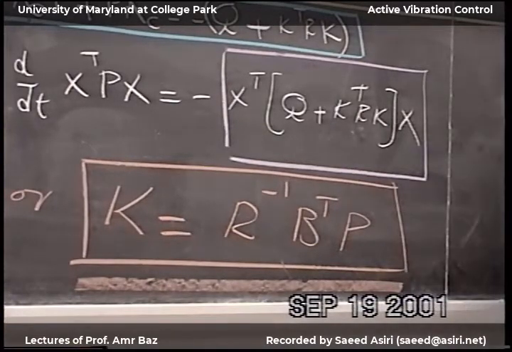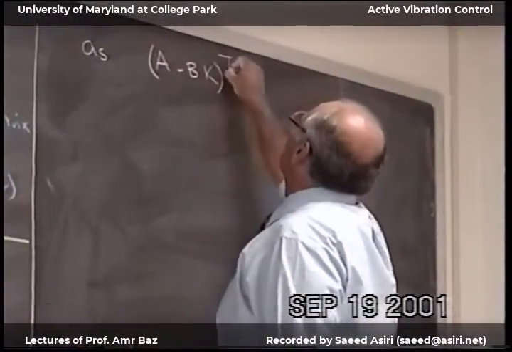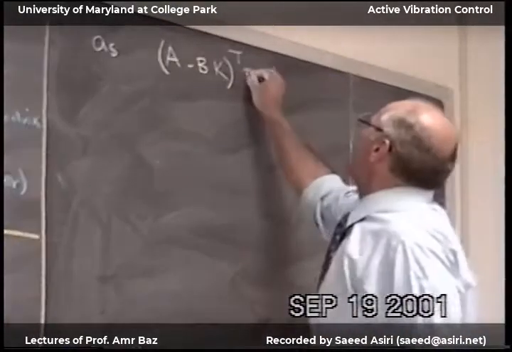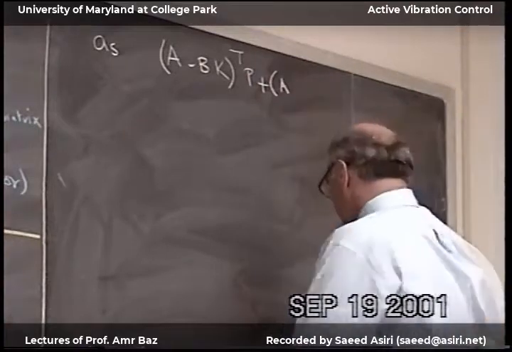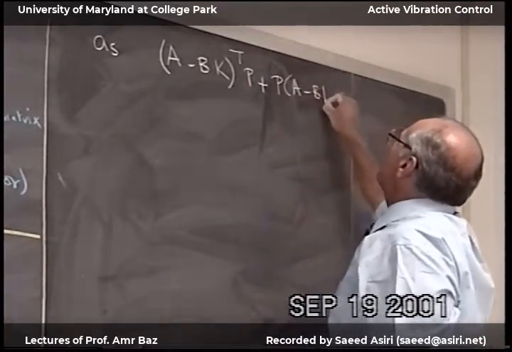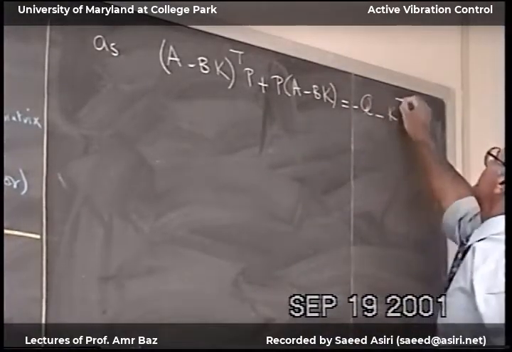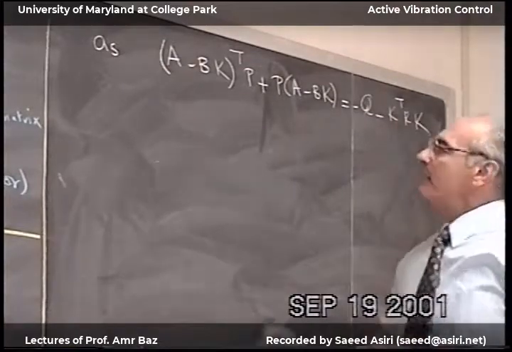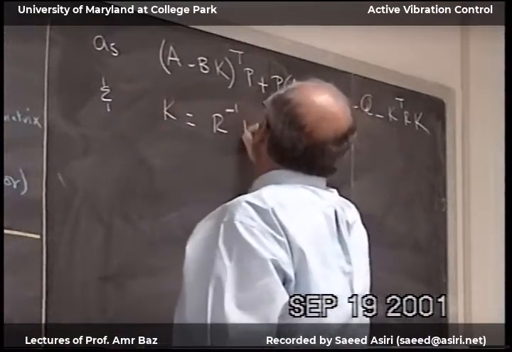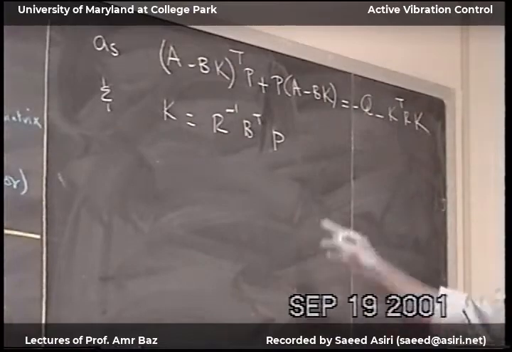Then now, as A minus B K transpose P, I'm sorry, P times A minus B K is equal to minus Q minus K transpose R K, replace K by R inverse B transpose P. I'm going to plug every K and replace it by what we have here.